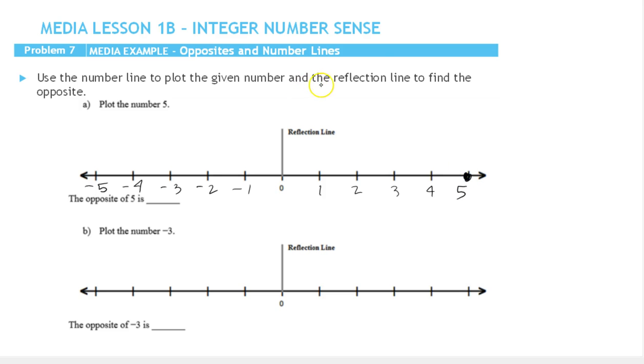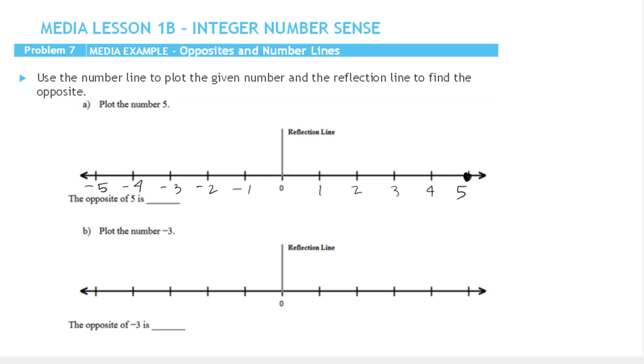And now we want to use the reflection line to find the opposite. So the idea, here's our reflection line and it's focused right at 0. The idea is the opposite is the number that's the same distance from 0, remember, because they have equal absolute values, but it's on the other side, the same distance, but on the other side of this reflection line.